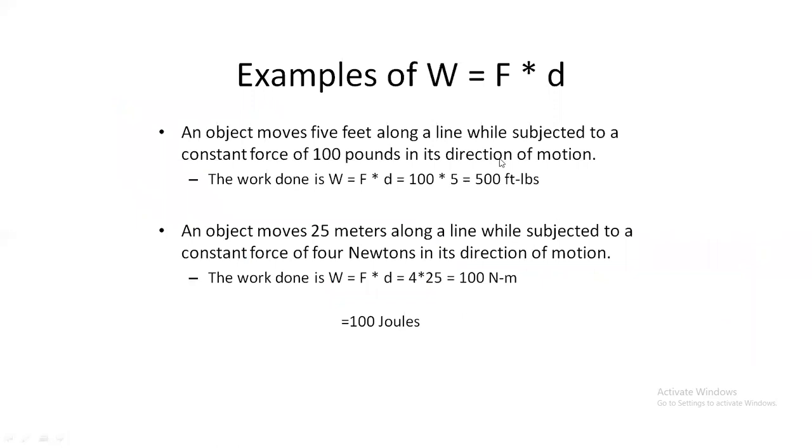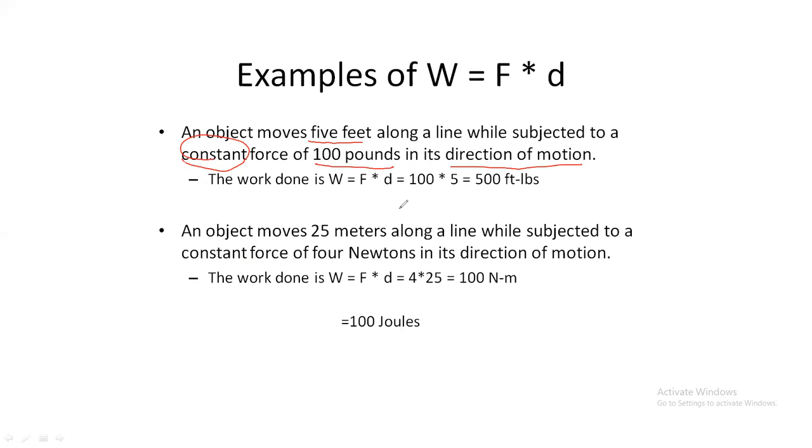Examples of this are the two indicated here. Let's say an object moves 5 feet along a line while subjected to a constant force of 100 pounds in the direction of motion. Take note, the displacement is 5 feet, and this is the amount of force applied, and it is constant.